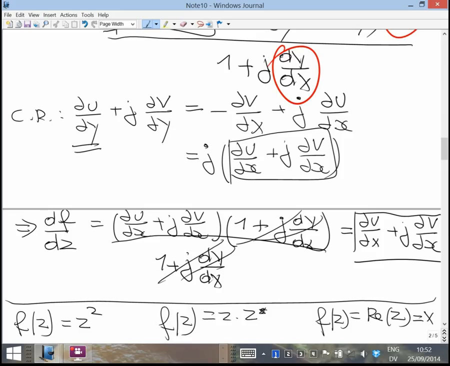If you have a function like f of z is z squared, formed by taking a real valued function and just replacing the x by the z, then there's a very good chance that this will be a holomorphic function.